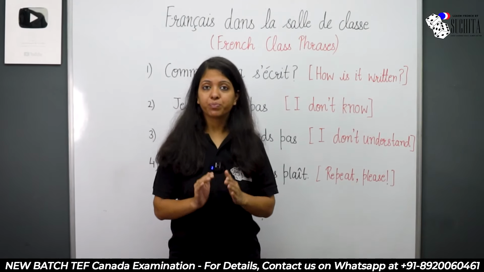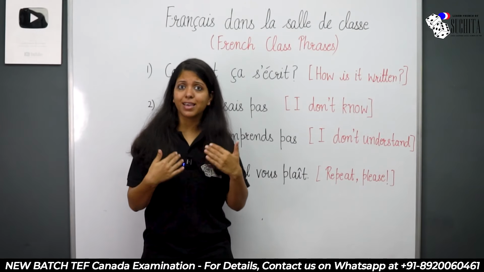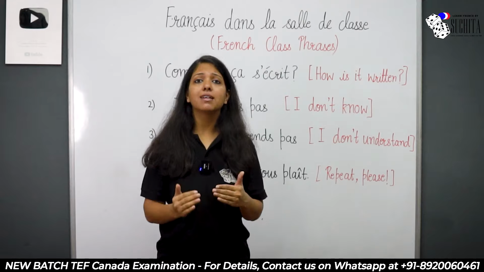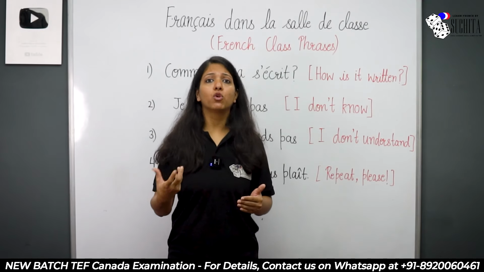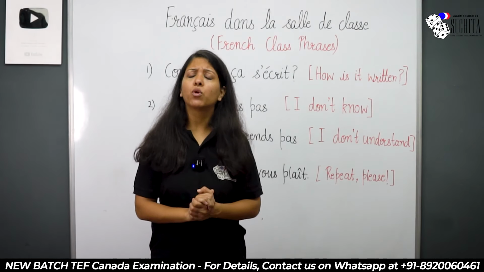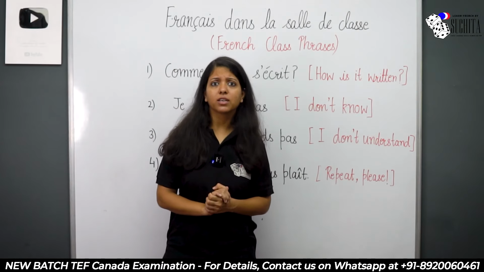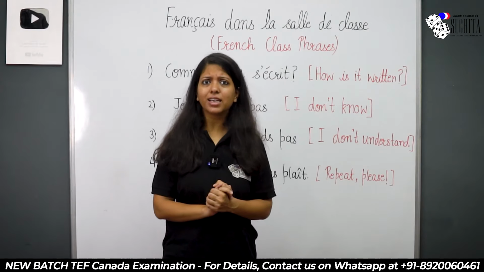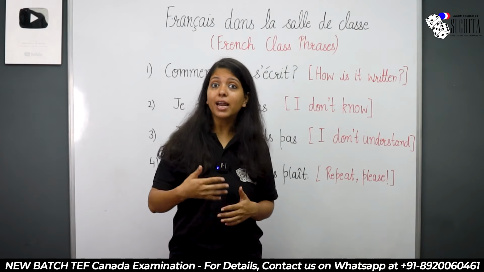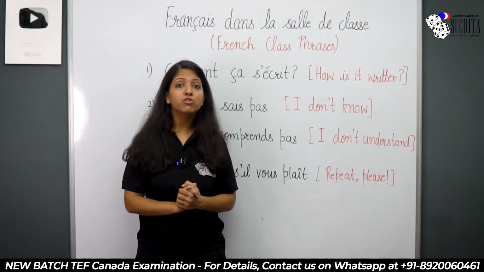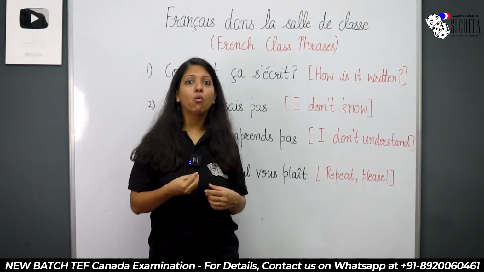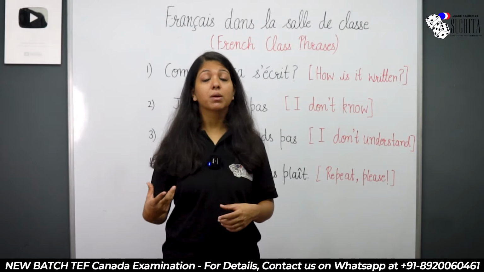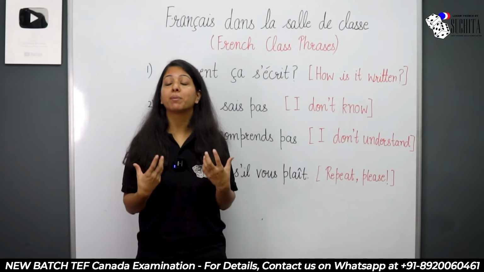For example, let's say I say the word une voiture, and you could not comprehend what I said. You would ask me, une voiture, comment ça s'écrit? How is it written? And then I would spell that: voiture, V-O-I-T-U-R-E, by which you will comprehend what I am saying.